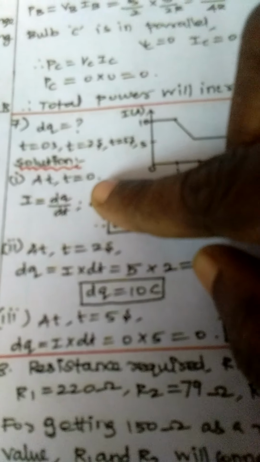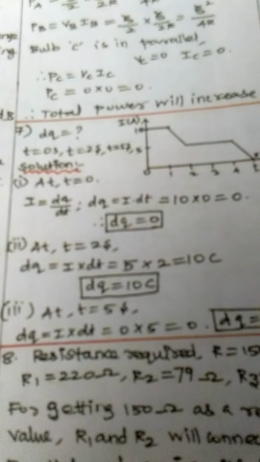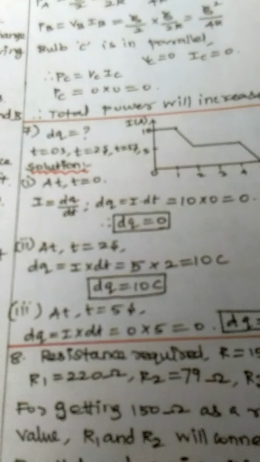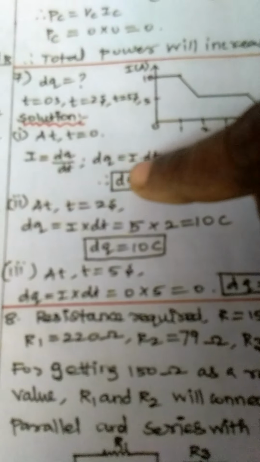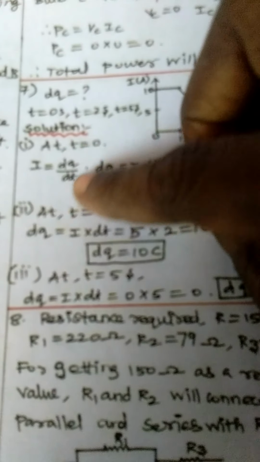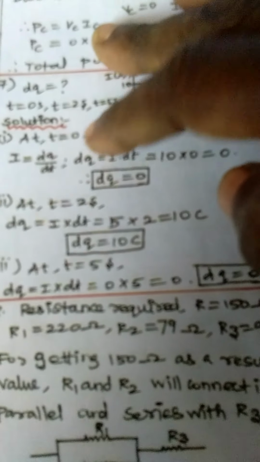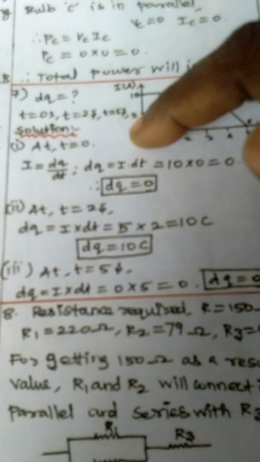Now you see at t equal to 0, that is 0 seconds, how much current is passing through the circuit? The formula, how do we find it: I equal to dq by dt. We want to find dq, so the 1 by dt goes to the other side, inverted, right? dq equal to I dt.